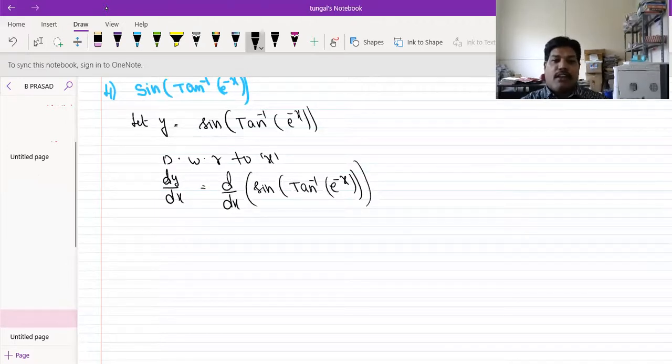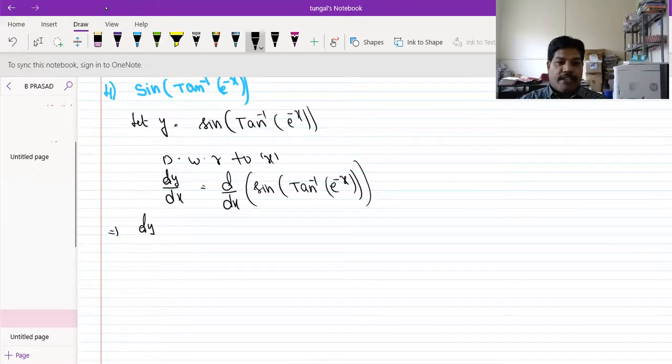Not 3, there are 4 functions: sine, tan inverse, e power, and minus x. You have to differentiate 4 times, so do the differentiation carefully.